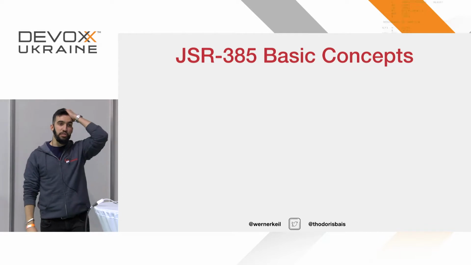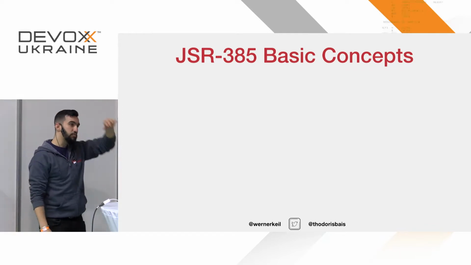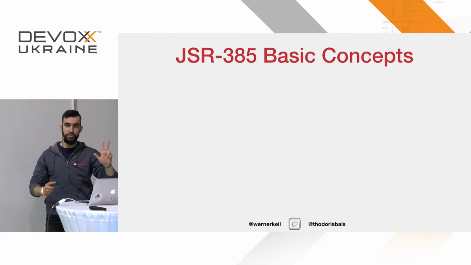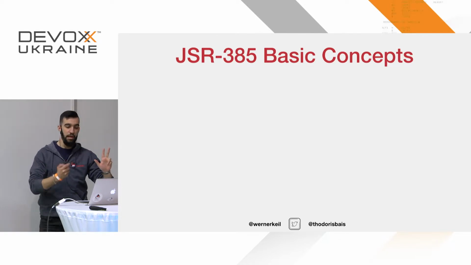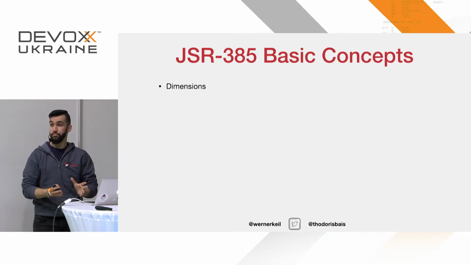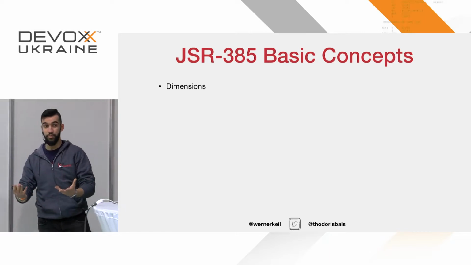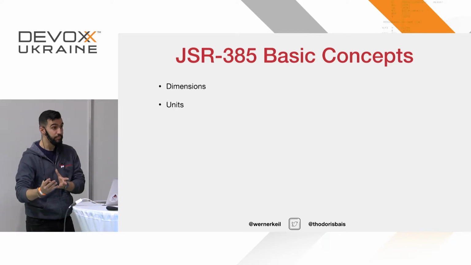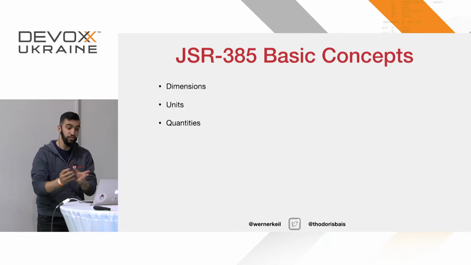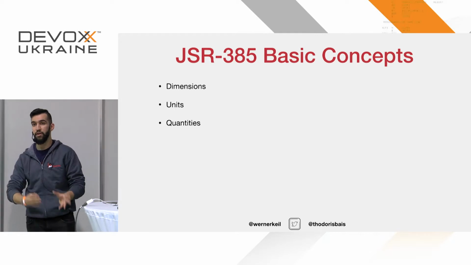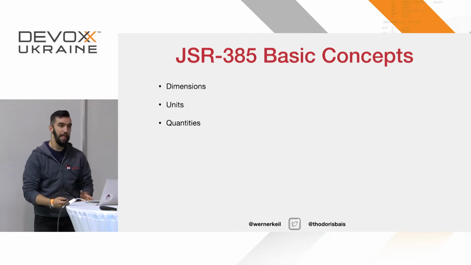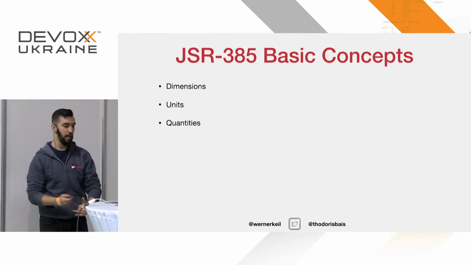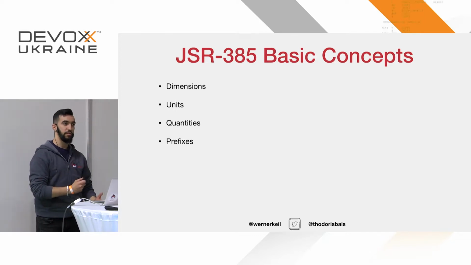What are the basic concepts though? I would say 3 main concepts, but we're gonna see a few more. First of all, dimensions. That could be length, right? Units, that could be the meter, and quantities, which could be something like 5 meters, right? On top of that, though, you do have also other things, like prefixes, right?